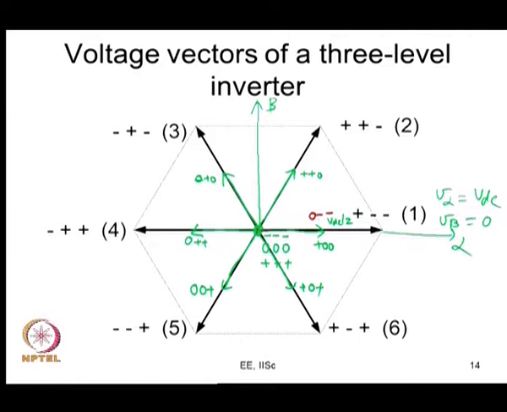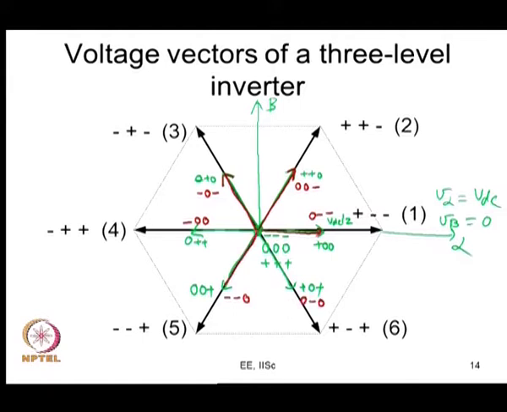Again I can look at 0 0 minus, this leads to the same set of pole voltages, this also leads to the same vector. Again I would have the inverter state minus 0 minus leading to the same vector. I will have minus 0 0, here I can have minus minus 0, here I can think of 0 minus 0.